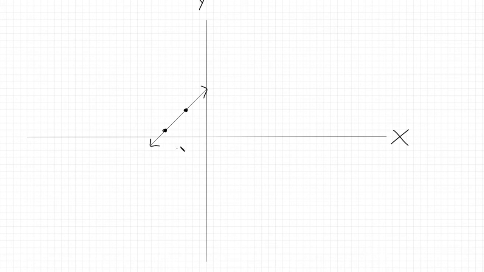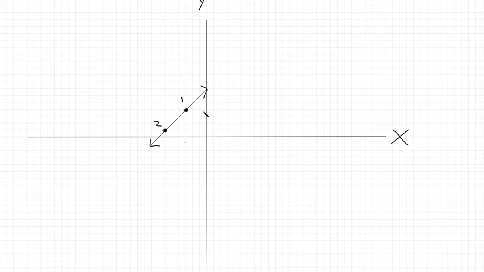So on this line, we can see that we have a point right here and a point right there. Let's call this point 1 and this point 2. And let's try to find the coordinates of that point so we can find the slope, because you need the coordinates to find the slope. Or you can just eyeball it like before, but it's better to have the coordinates.